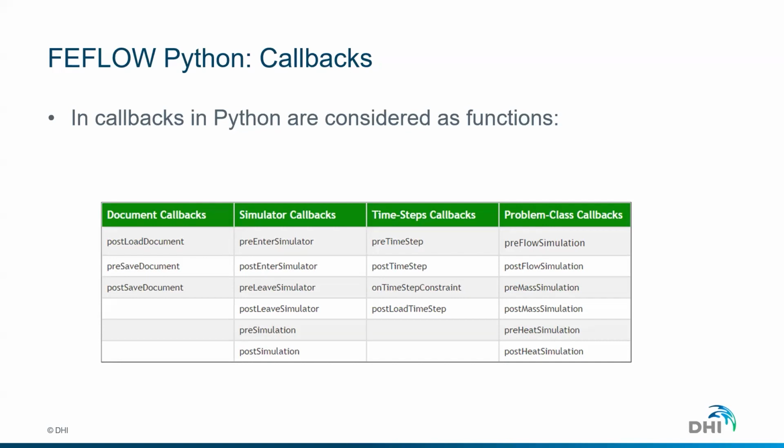You can access these methods through callbacks and say, I would like to do something pre-flow simulation, or I would like to change the conductivity before the time step is being executed. So then there is a callback called pre-time step. You change your parameters, then you leave it, and FEFLOW moves to the next step and uses the new values of hydraulic conductivity to solve the time step.